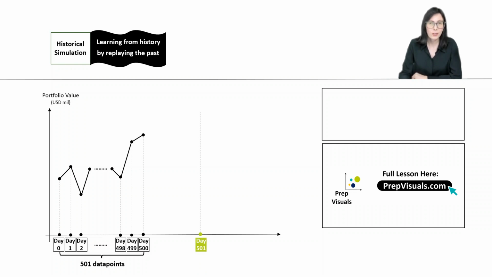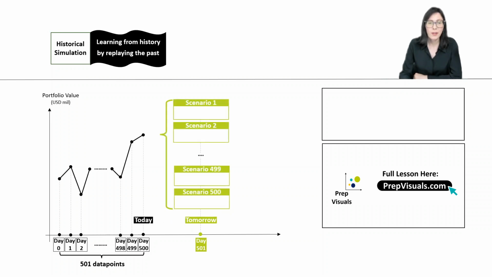And in the context of this example, you can think of day 501 as tomorrow and of day 500 as today. And because we have 501 data points, we would simulate 500 scenarios on what might happen on day 501.